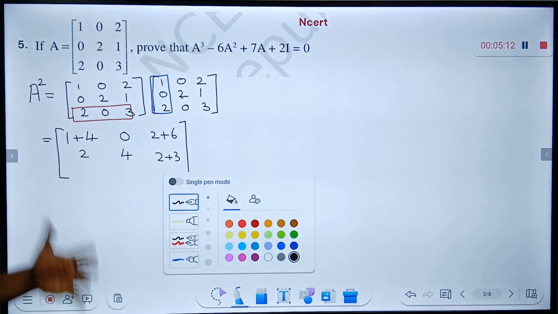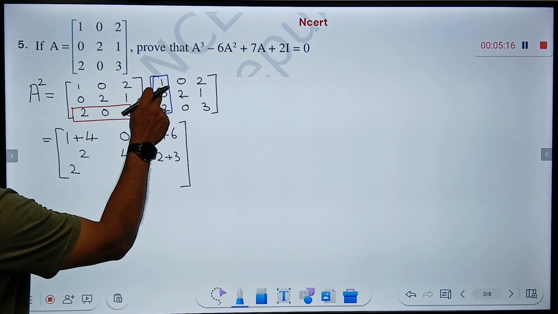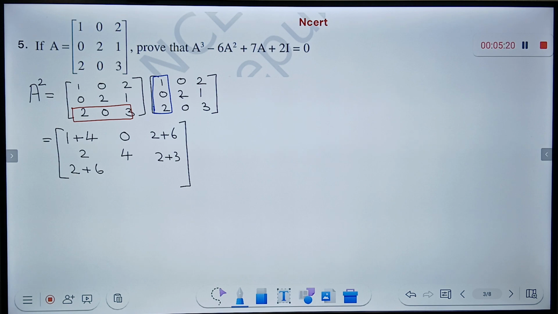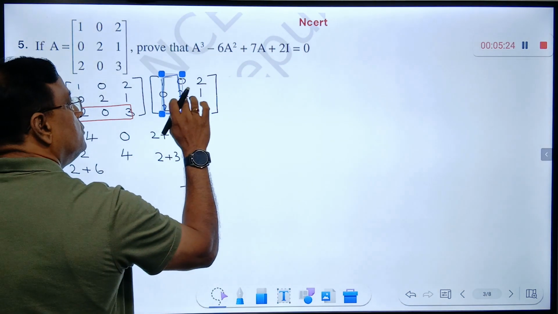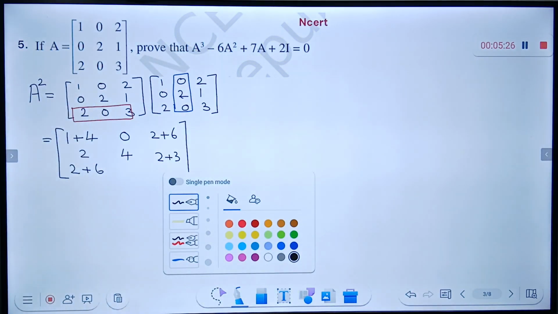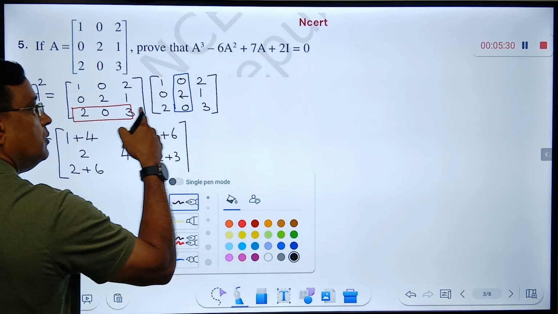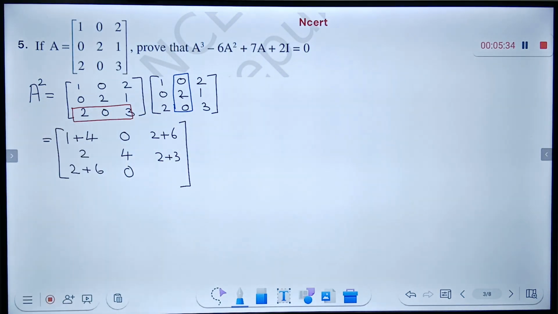Third row, first column, what will happen? 2, 0, 6. Correct? Now, what should I do? Move this. Tell me. This is 0, 0, 0. 0 plus 0 plus 0 is 0. Wonderful.